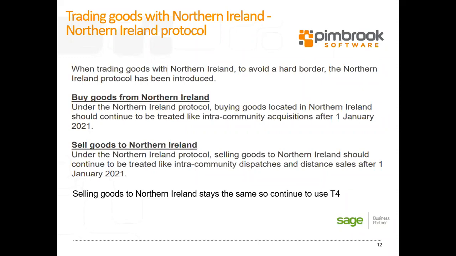Because of the Northern Ireland Protocol, Northern Ireland is still included within the EU, so you continue to treat selling goods to Northern Ireland or buying goods from them under the intra-EU acquisition. So you still continue to use your T4. That doesn't change at all if you're selling goods to or trading with Northern Ireland.